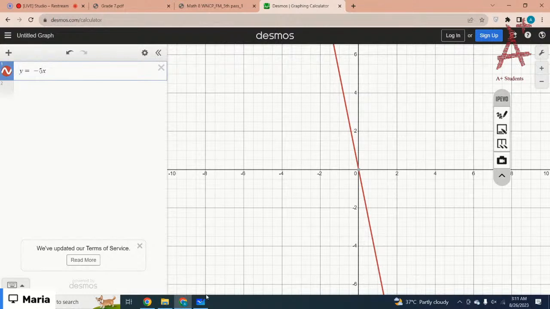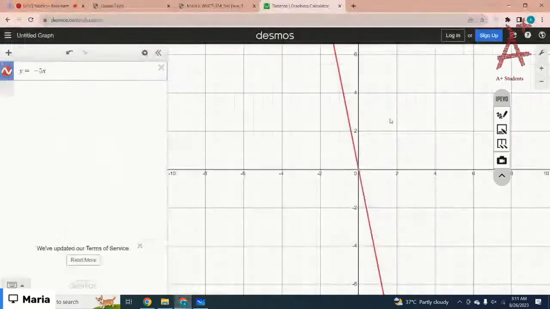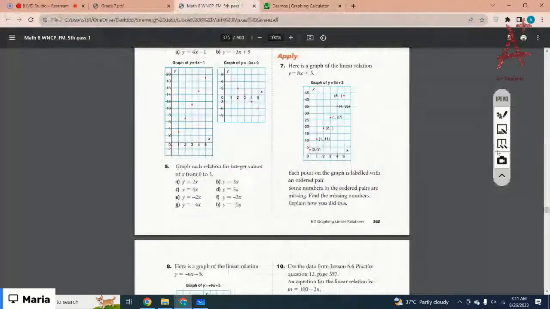So when you just move the cursor on the graph, you can see the same points we calculated for the table, right?